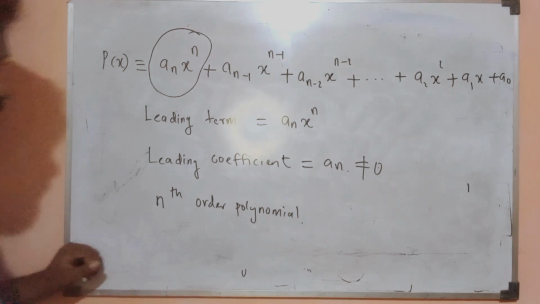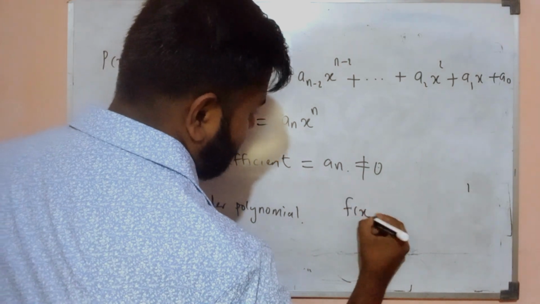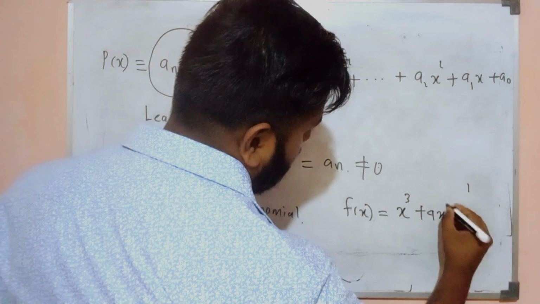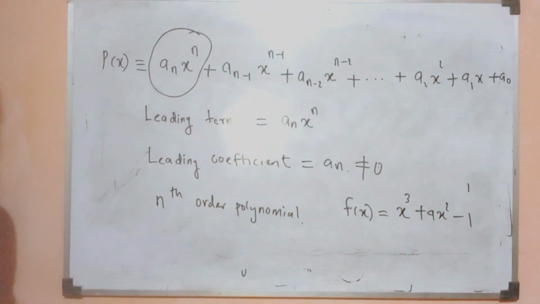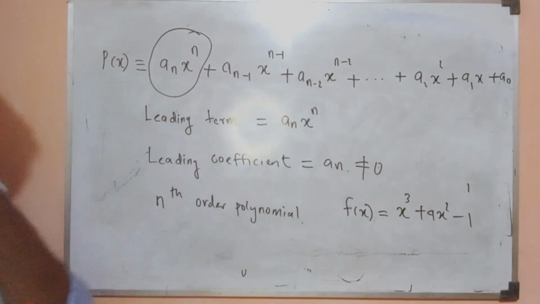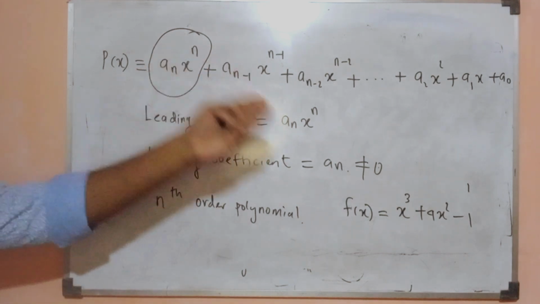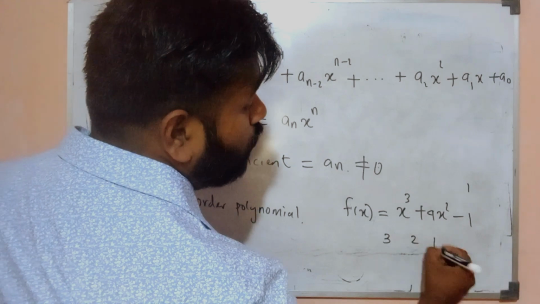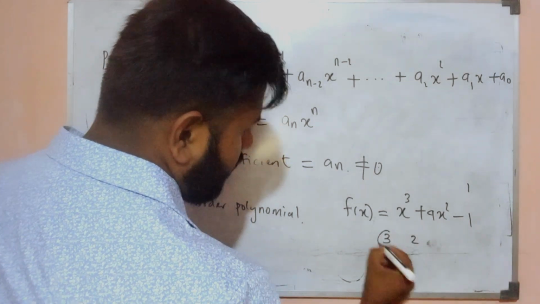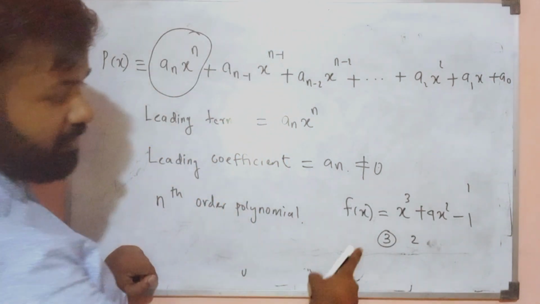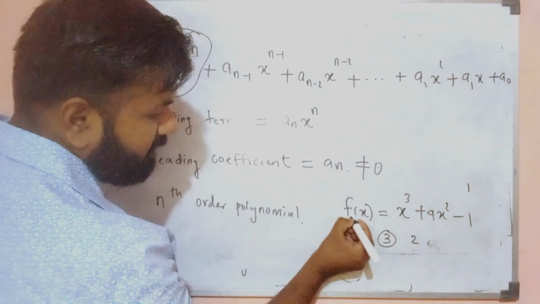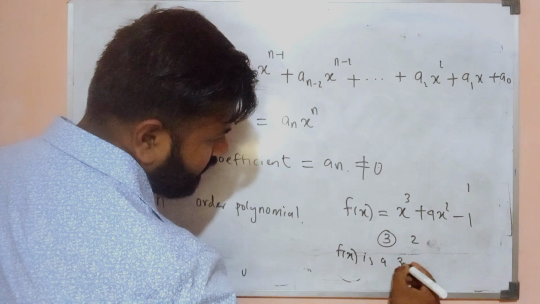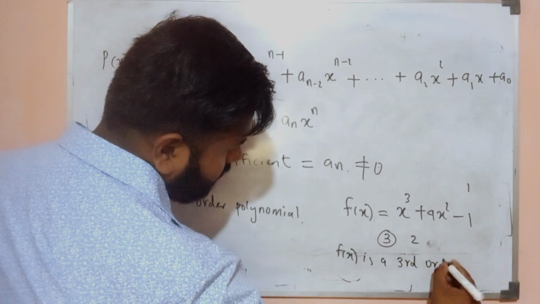For example, consider f(x) equal to x cubed plus 4x squared minus 1. What is the order of this polynomial? What are the exponents here? 3, 2, 1. The highest is 3, so it's going to be a third order polynomial.